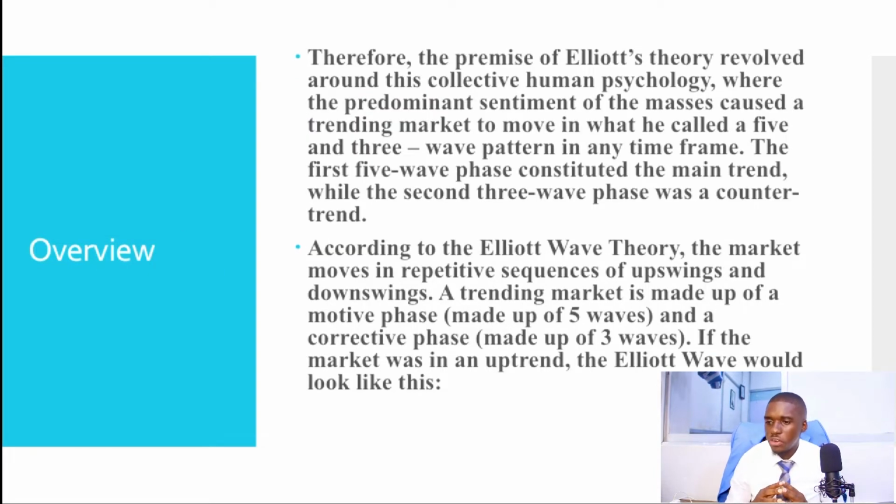Therefore, the premise of Elliott Wave theory revolved around human psychology, where the predominant sentiment of the masses caused trending markets to move in what he called 5-3 wave patterns in any time frame. The first 5-wave phase constituted the main trend, while the second 3-wave phase was a counter trend.